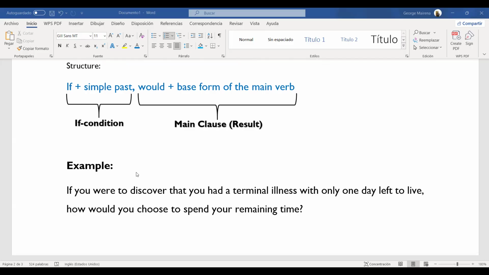Hello? Teacher, we need to answer the question or give an example with that structure.